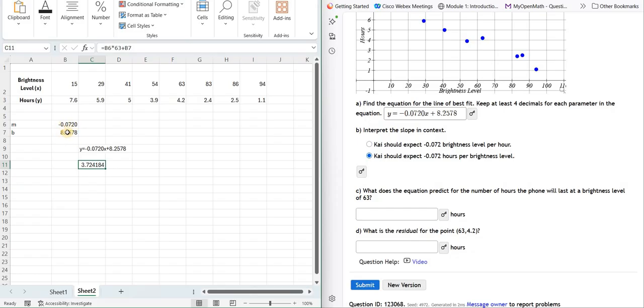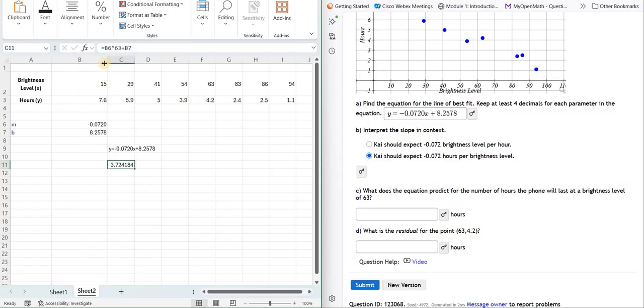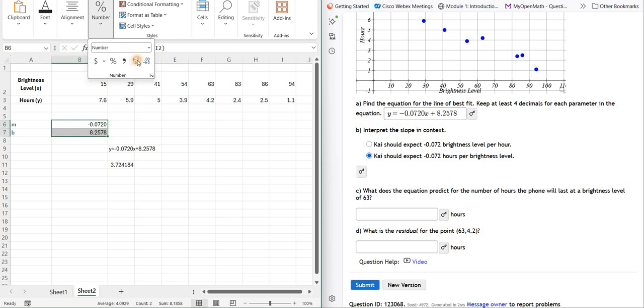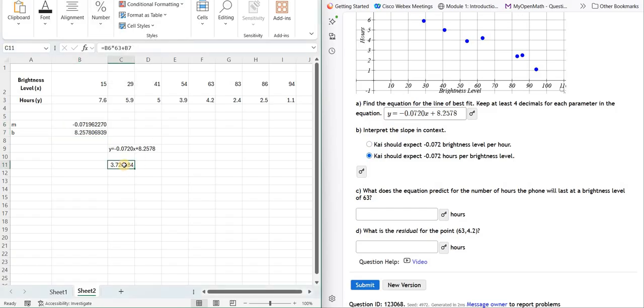These are visually rounded, but actually if you expand the cell and unround them, they will remain unrounded. So click on the values instead of typing them to keep the values actual. So that is the number of hours. And all you need to do is just copy and then paste.